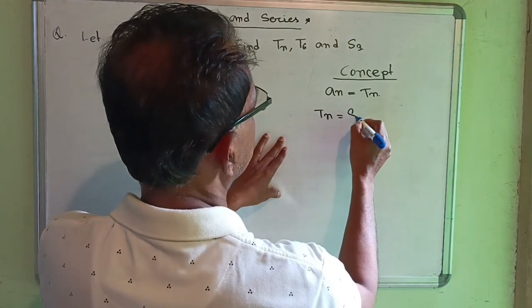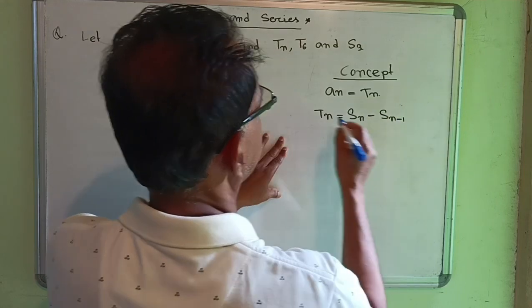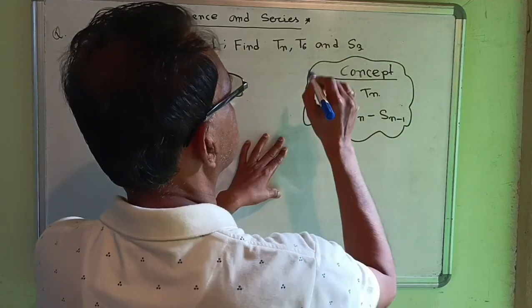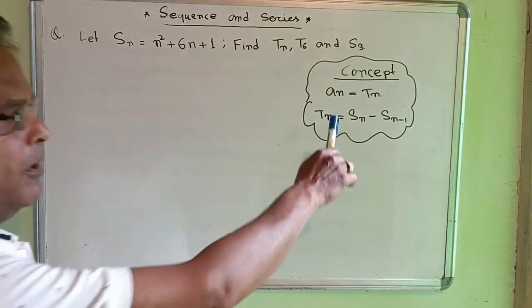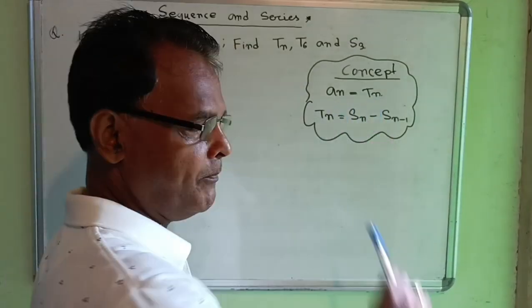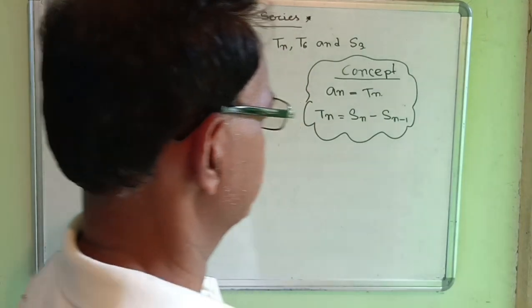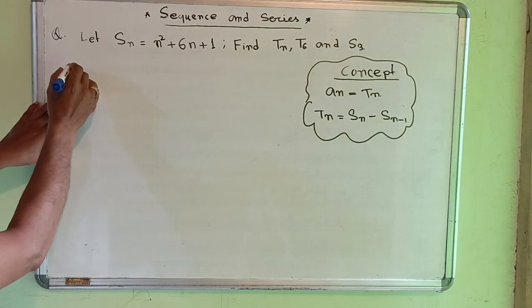Tn is equal to Sn minus S(n minus 1). That is the concept. Very important concept. Tn is found by the sum of n terms minus the sum of the first n minus 1 terms. That is the concept to use. That is the solution.